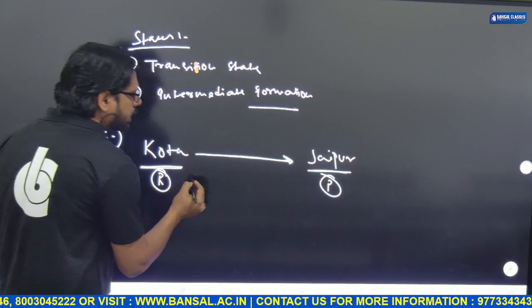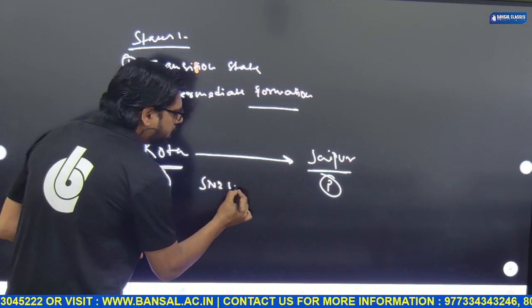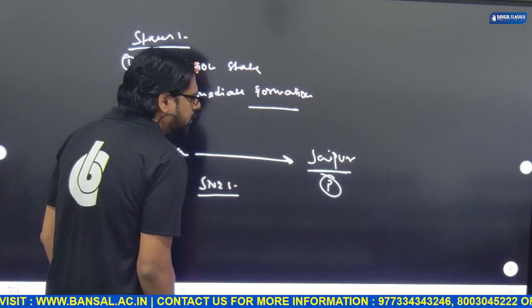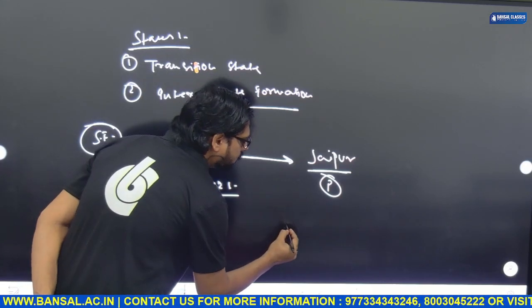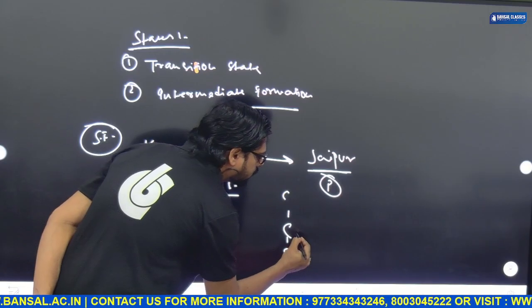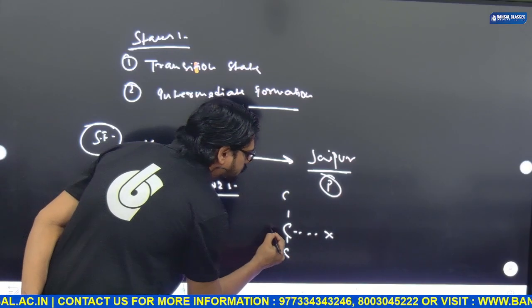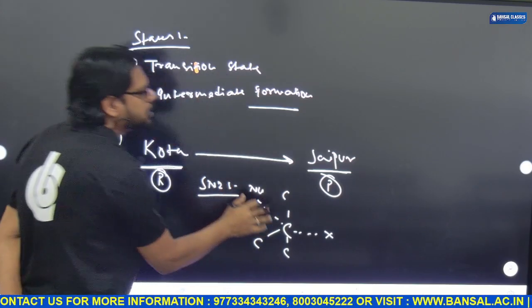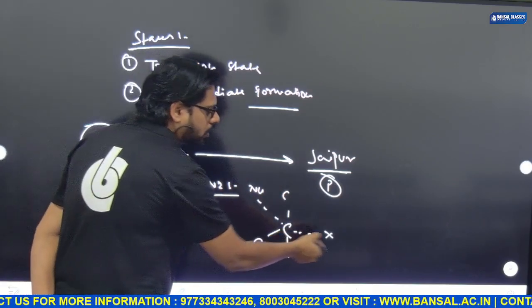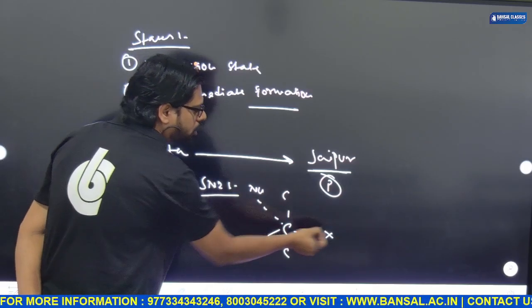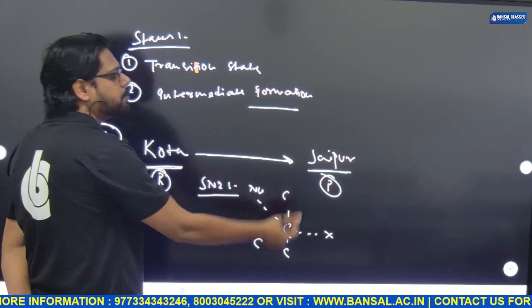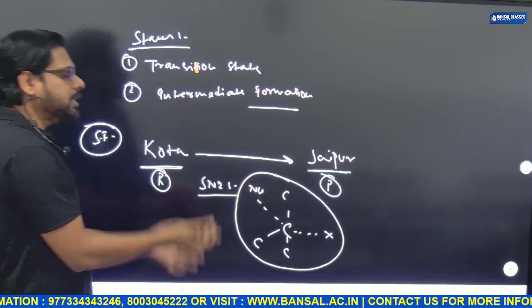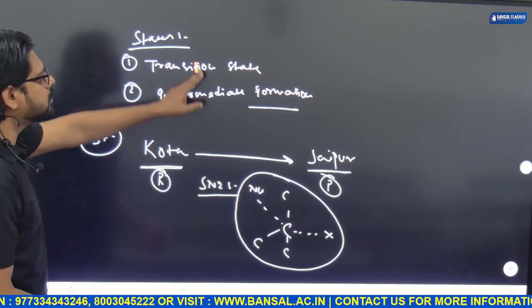Similarly, in the SN2 reaction, we have seen that a halide was getting away and a nucleophile was getting attracted. So bond breaking and bond formation were taking place simultaneously. There was nothing made in between this reaction. So it will be termed a transition state.